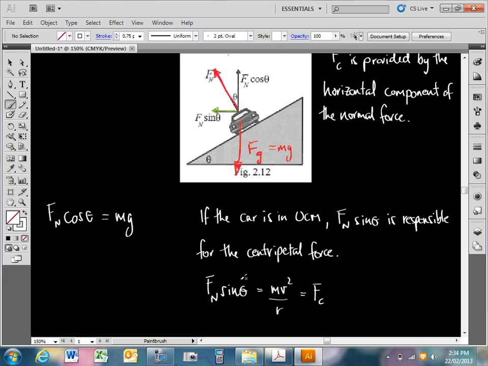Then what if I do this? mg, Fn, mg cos theta. Fn sine theta equals mv squared on r. Mg on cos theta times sine theta.